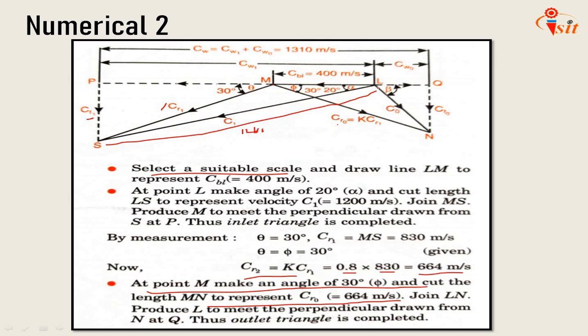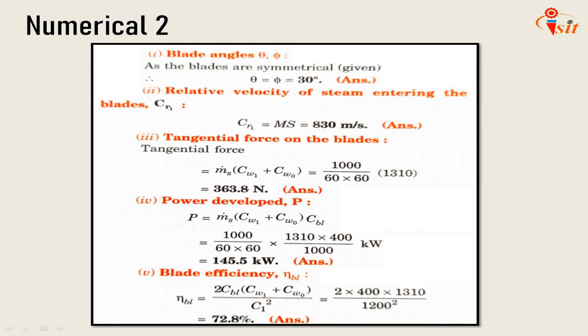Join LN, and you will get C0. Produce L to meet the perpendicular drawn from N at Q. Similarly you will get the Q value also. Thus the outlet triangle is also completed. You will get all the values from the velocity diagram.